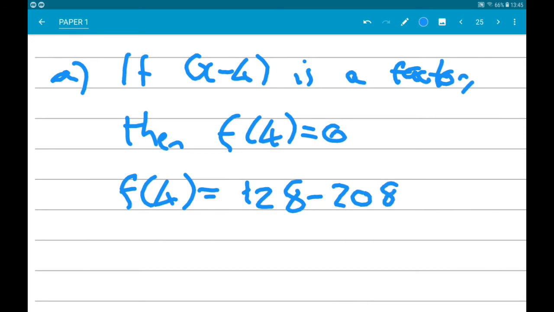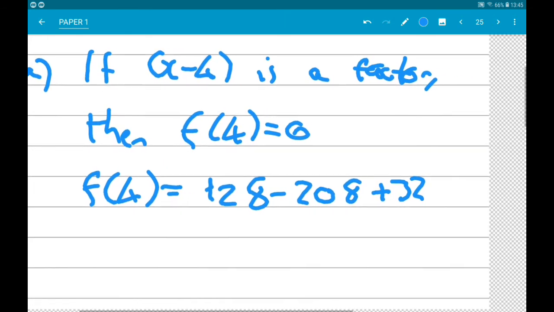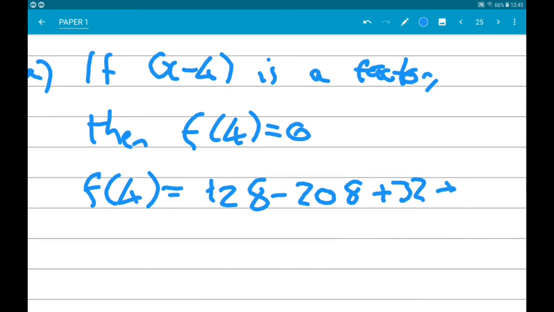Add 8 times 4, 32. Add 48. And that does indeed equal 0.